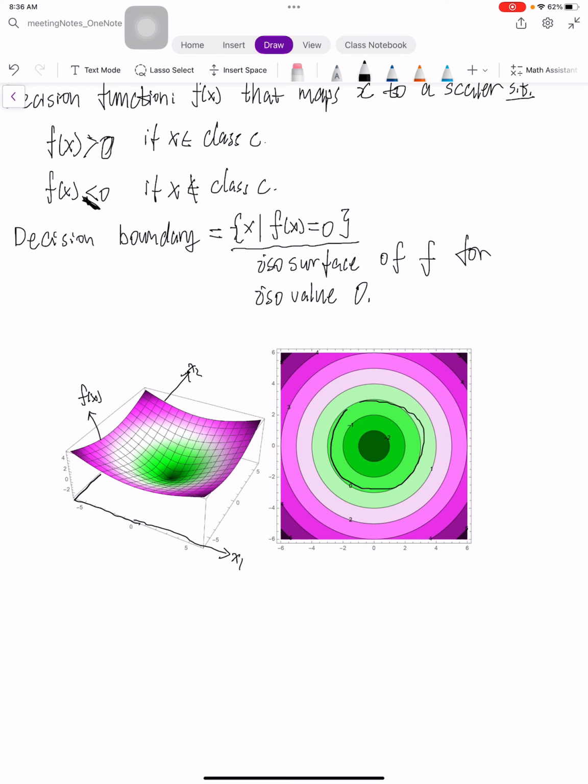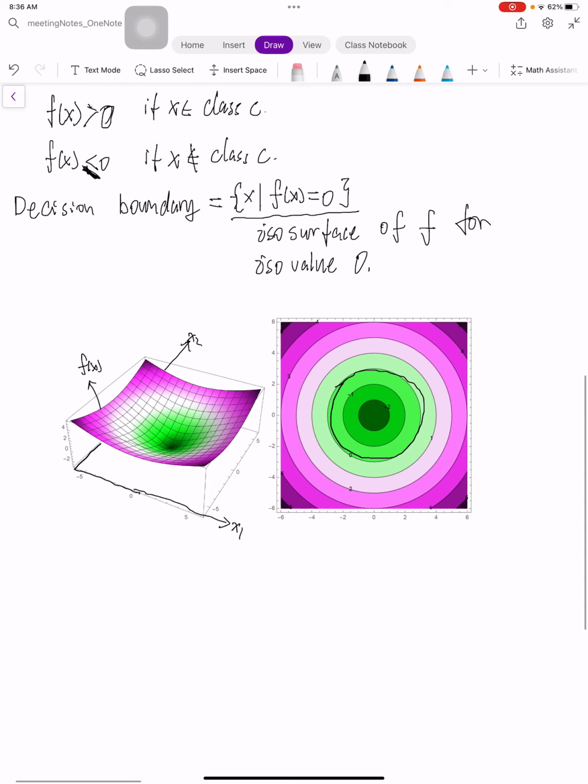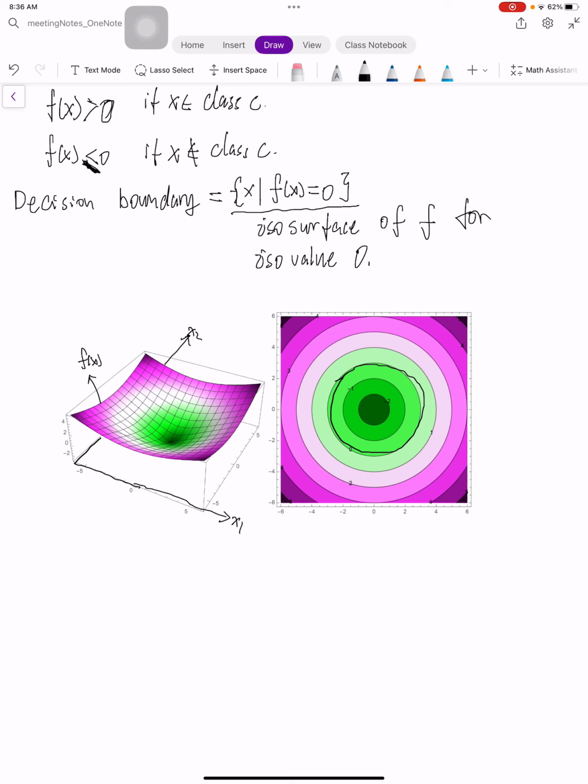For example, we can find a circle such that f(x) equals 0, and every point inside this decision boundary has a negative value. Outside the decision boundary has positive values. So in this case, this is our decision boundary.